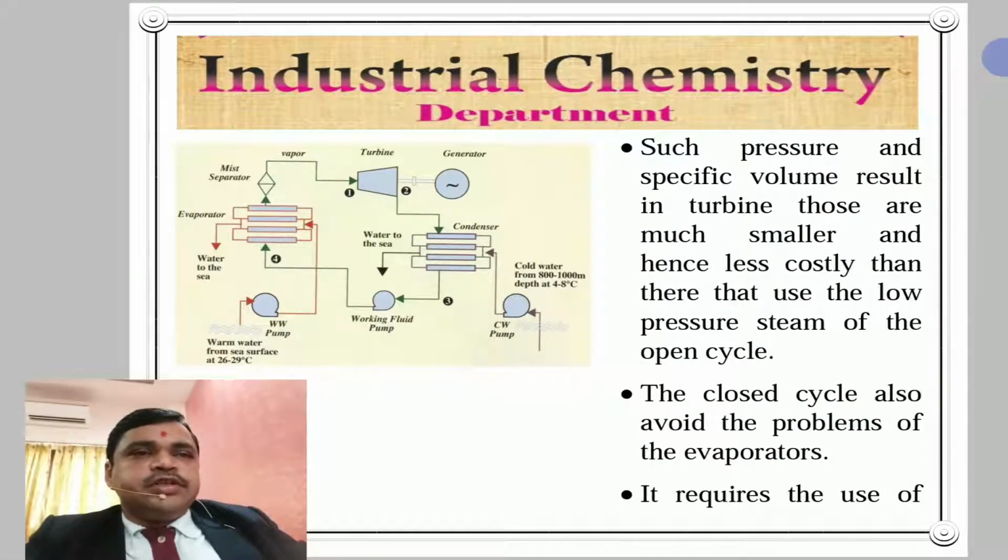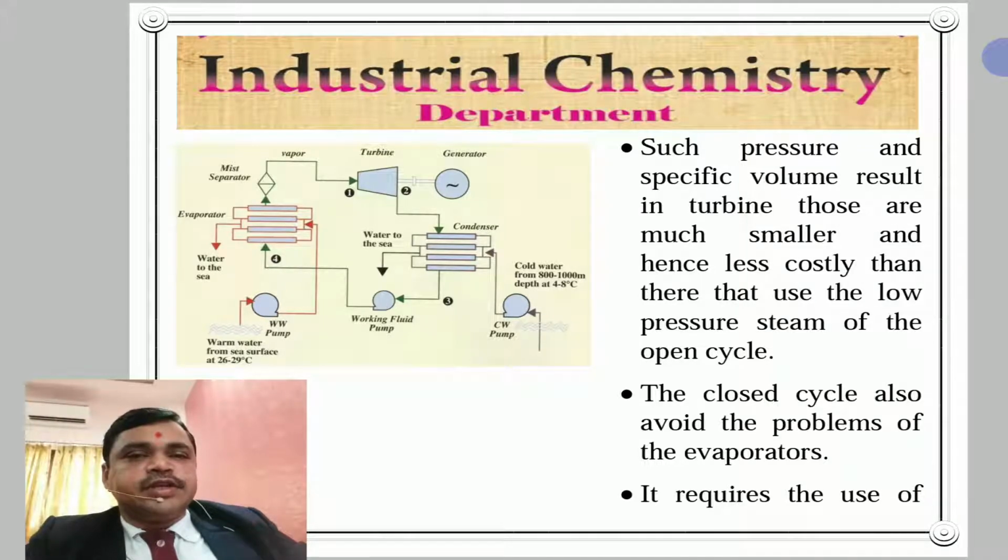Such pressures and specific volumes result in turbines that are much smaller and hence less costly than those that use the low pressure steam of the open cycle. We use a low pressure turbine in open cycle.